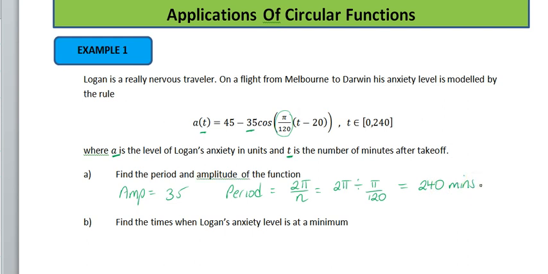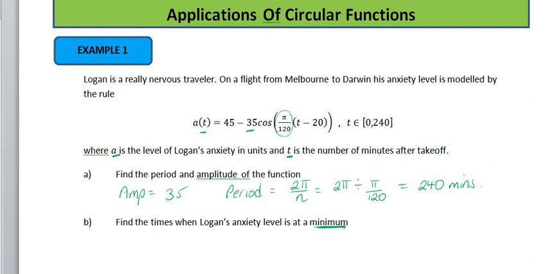Part B is asking us for the times when Logan's anxiety level is at a minimum. So there's a couple of ways you could do this. You could work algebraically, or you can hop onto your calculator and use the graph and find the minimum point on the graph window. We're going to do it both ways in this example.